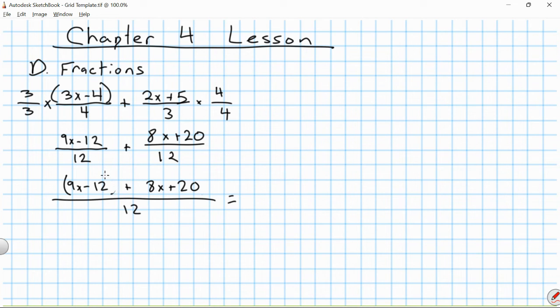And I can get rid of these parentheses because there's nothing in front of them. But if this had been a minus sign, you'd be distributing here. That's why I say, just keep it like it's in parentheses. 9x plus 8x is 17x, and negative 12 plus 20 is positive 8. Now this goes over 12.